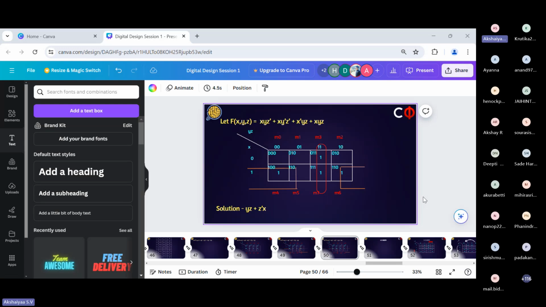Do you guys want me to put one more example, like one person has asked? Yeah, xz prime plus yz. That's right, Arun. Do you guys want me to repeat? Do you want me to give one other example? Or is this fine? I'll wait for a second for you guys to type it out and then I'll proceed.